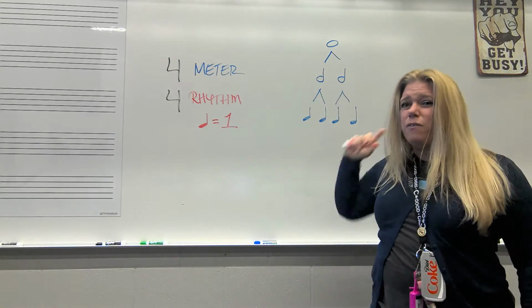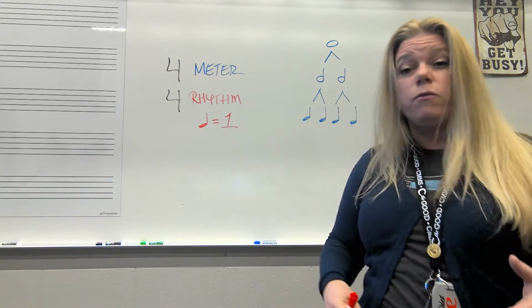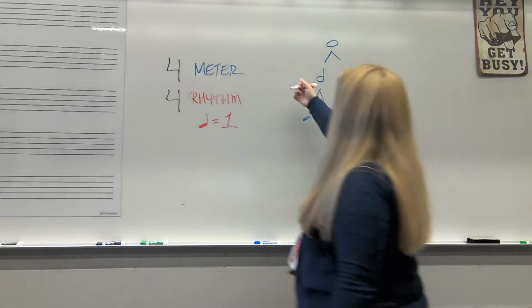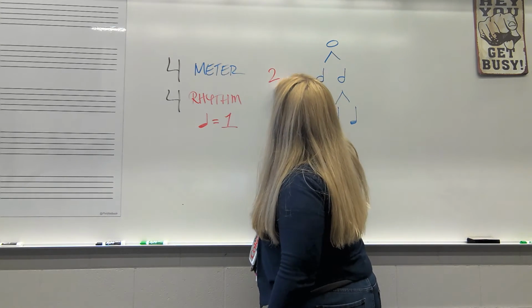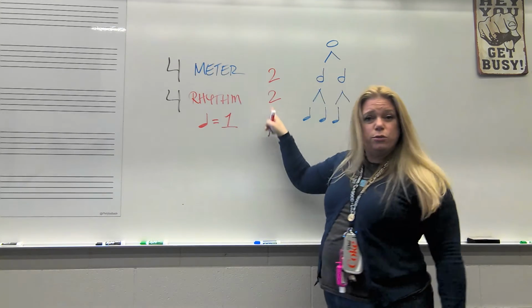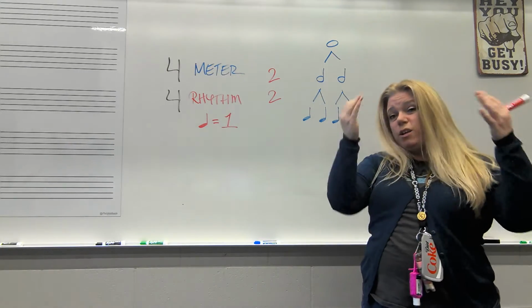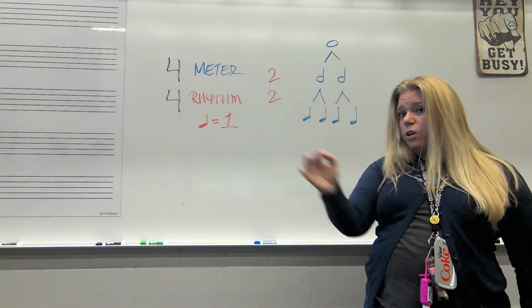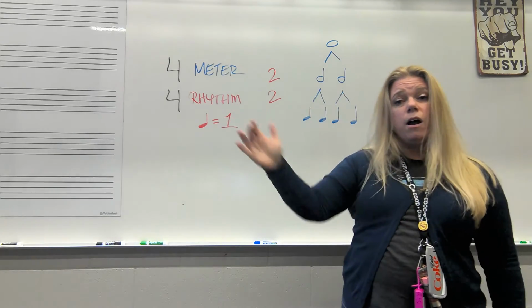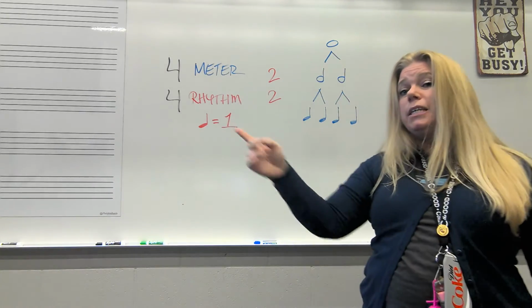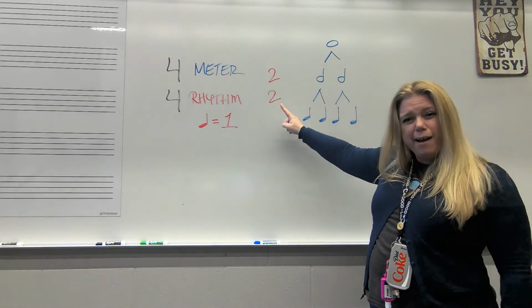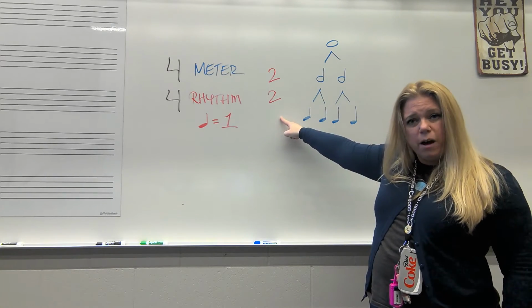Now, you can have time signatures that don't have a four on the bottom. If I instead had a time signature of 2/2, the meter would be, we're hearing the beat in groups of two. 1, 2. That's the number of beats that will be in each measure. We're going to know how to count it by looking at the two on the bottom.